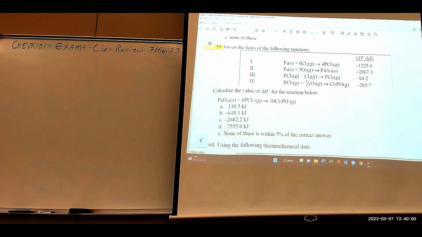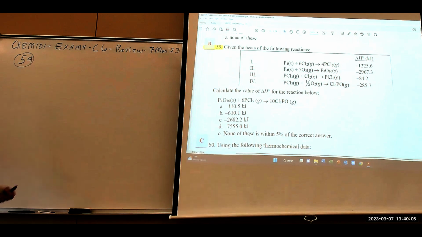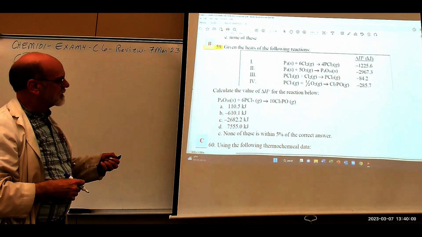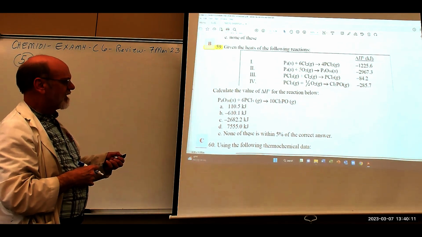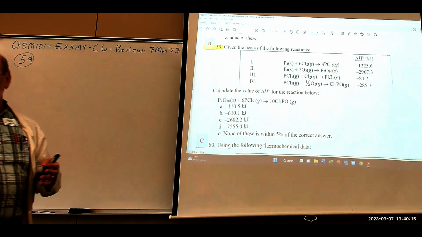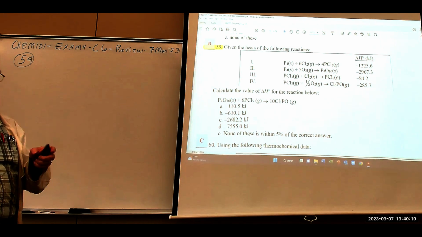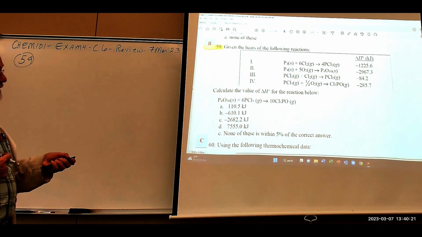All right, notice what we're dealing with here, number 59. What does each one of these mean? Well, it can't be the heats of formation, right? Because the heats of formation always make 1 mole of product. Right? So it can't be heat of formation.